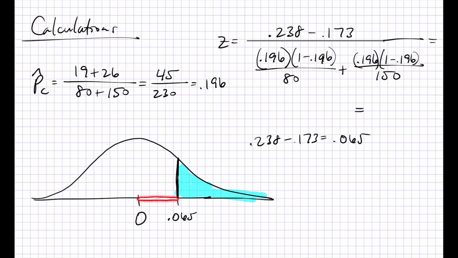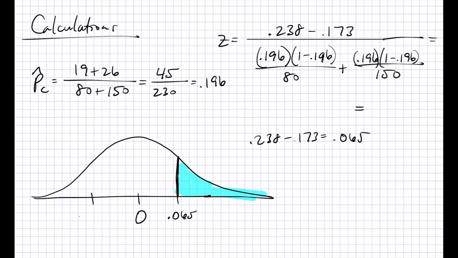So this distance is 0.065. I need one in the opposite direction, so it's just going to be the same, just negative. And I shade towards the extremes again.